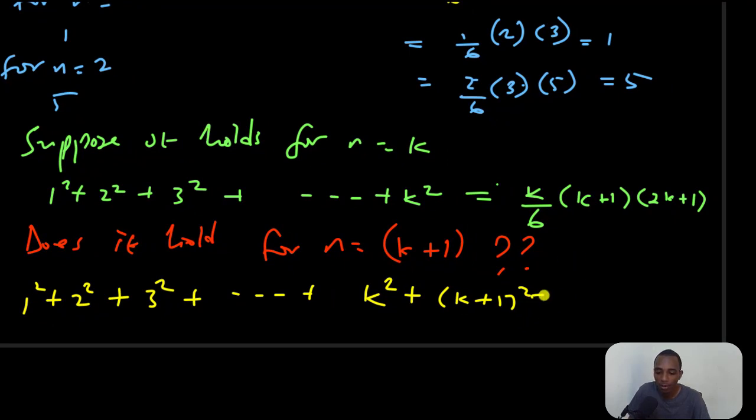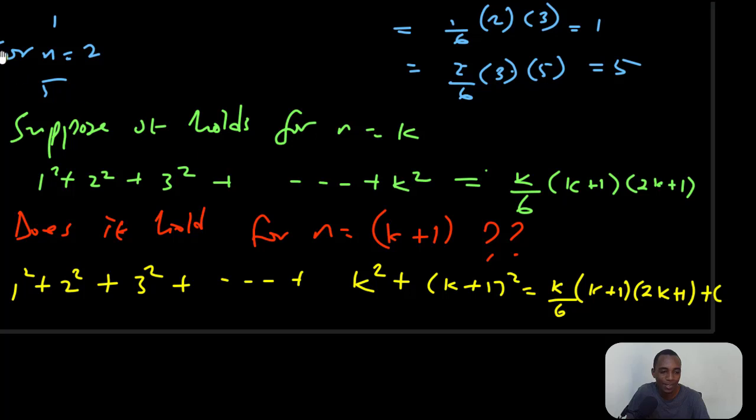On the right hand side, we have k over 6 into k plus 1 into 2k plus 1 plus k plus 1 squared. We've added another term, k plus 1 squared, on both sides, and this is really the step that proves whether the formula is true or not.